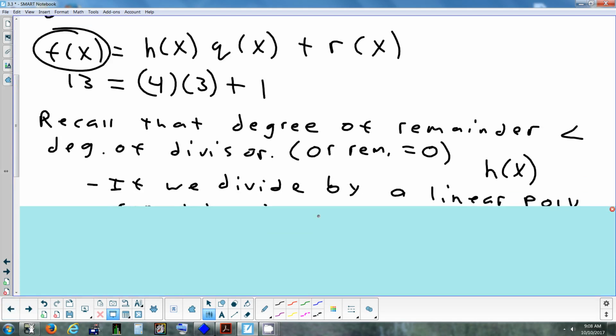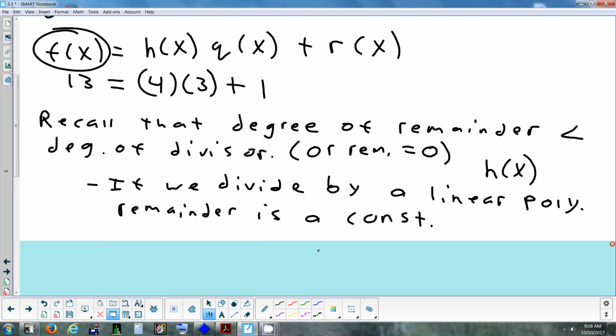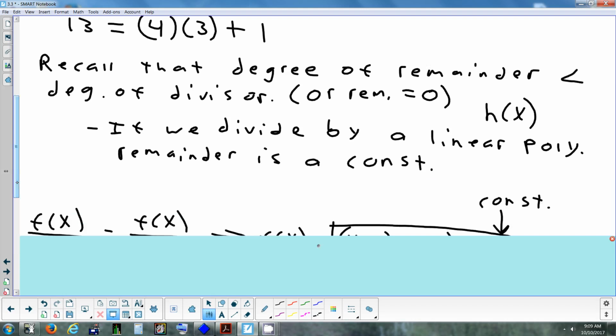A step up would be a quadratic. What would be one step down? A constant. So when you divide by a linear polynomial, the remainder has to be a lower degree, and the only lower degree than linear is just a constant, just a number. So anytime you divide by something linear, your remainder will always be just a number.